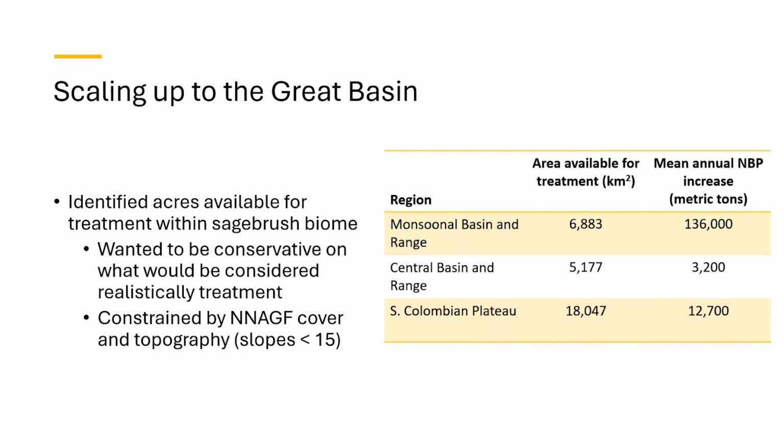One of the things we wanted to do was be a little bit conservative about what we think can realistically be restored. So we looked at annual grass cover as part of that, but then we also constrained it by slope and ownership as a way to help reduce that, because not all lands can receive treatment.